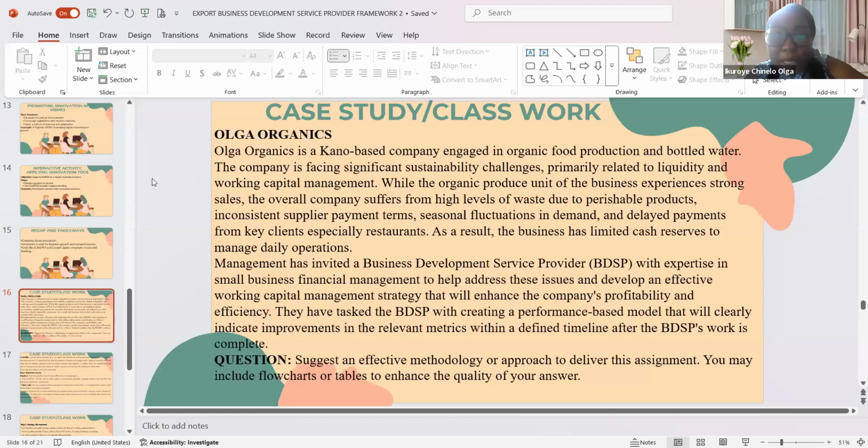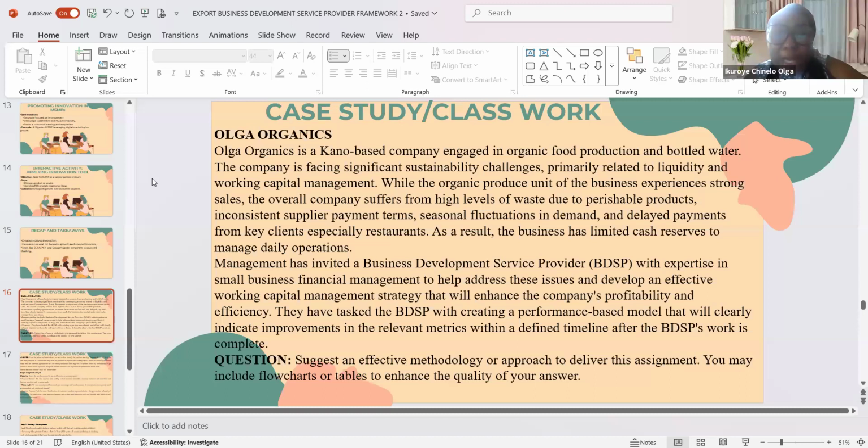Management has invited a BDSP with expertise in small business financial management to help address these issues and develop an effective working capital management strategy that will enhance the company's profitability and efficiency.